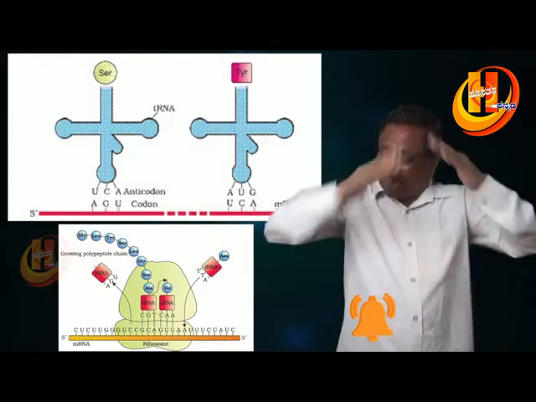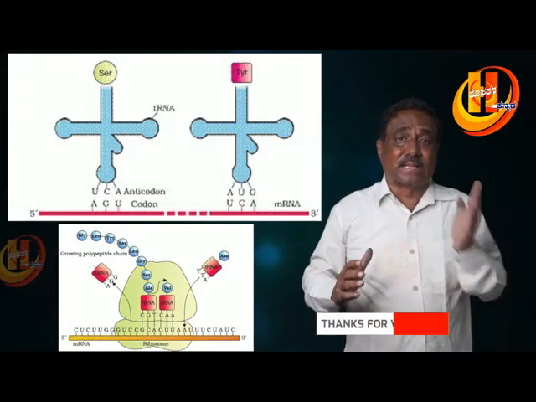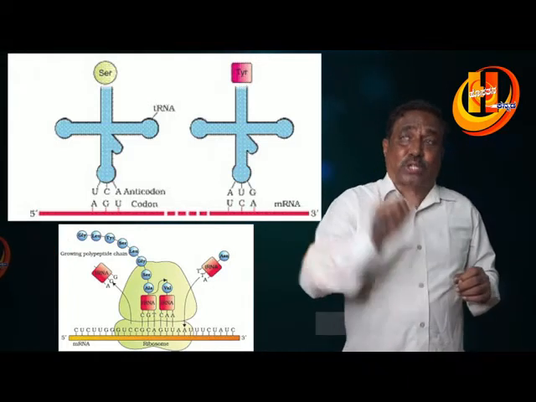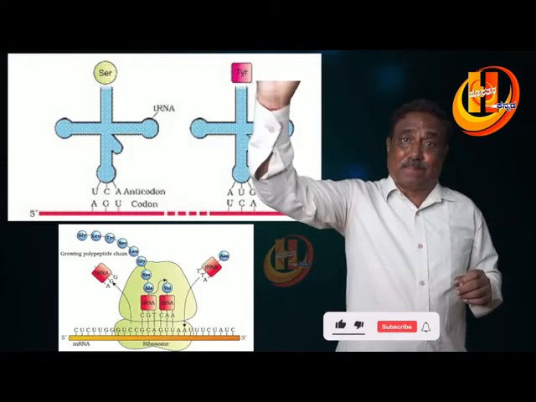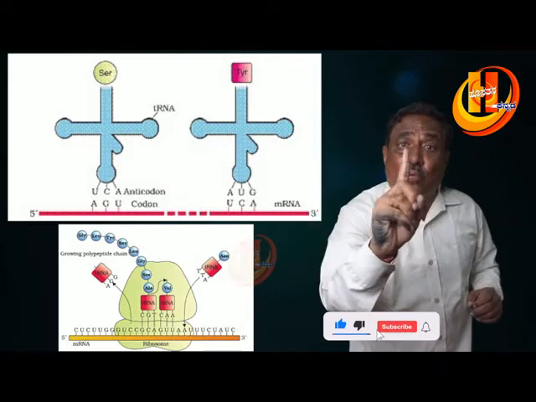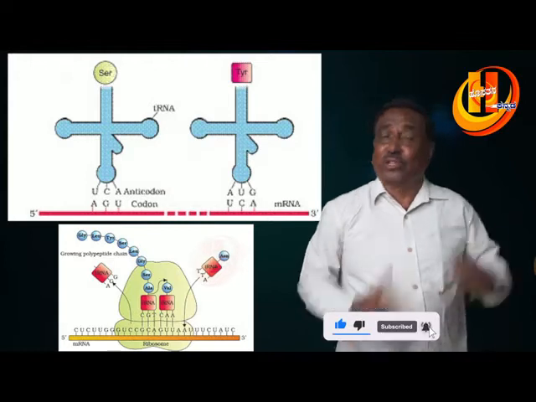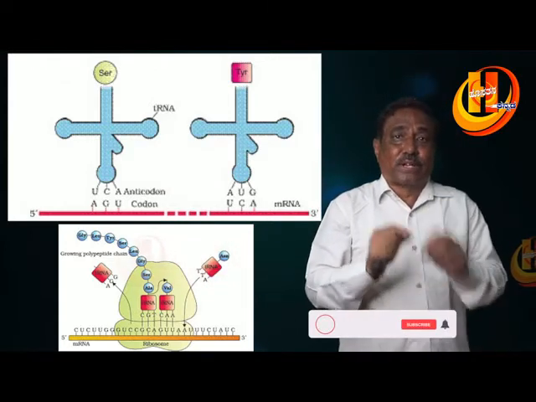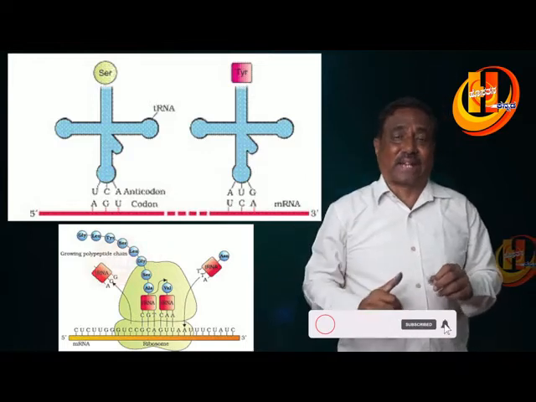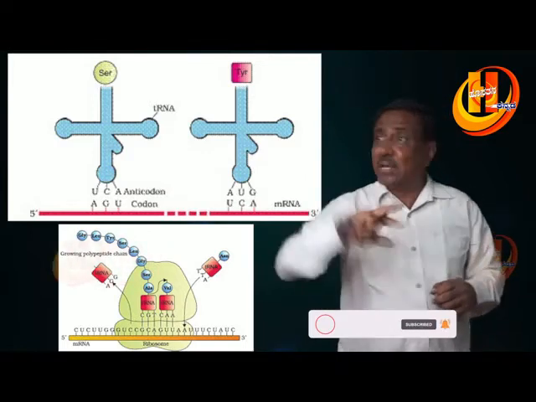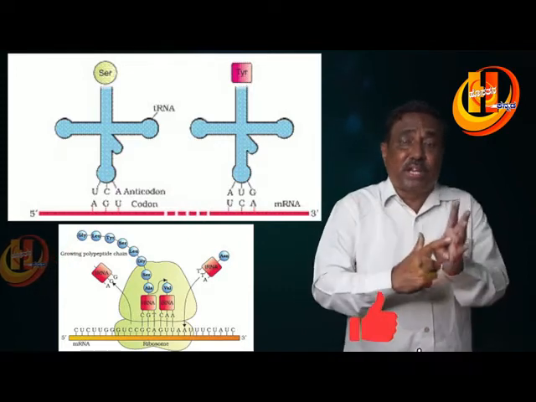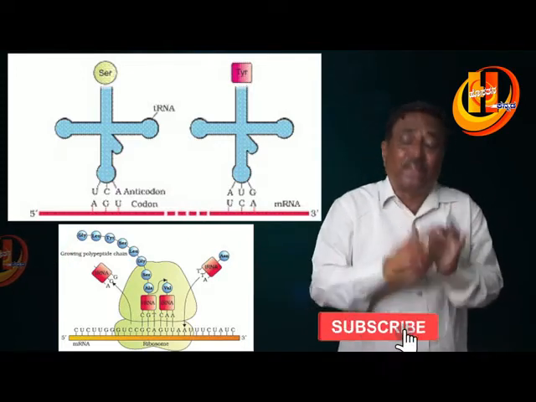So the codon which codes for a particular amino acid will not code for another amino acid. This is very important. For example, AUG codes only for methionine, not another amino acid. Thus the genetic code is meaningful, unambiguous, specific.